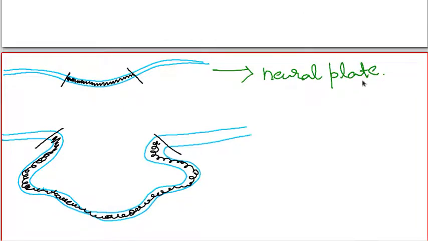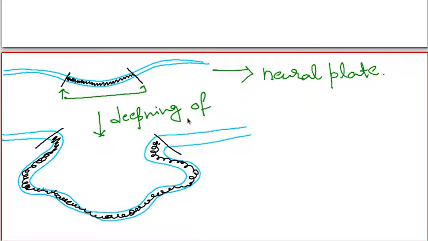After forming the neural plate, this portion of the neural plate will give rise to this kind of structure. What is happening here is there is deepening of a groove.